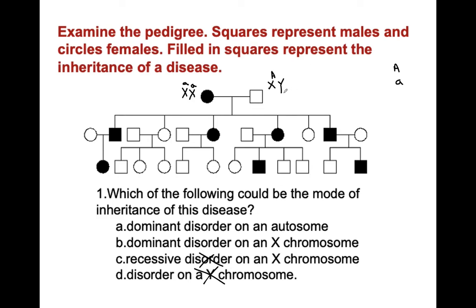So let's look at the next generation. So let's see if the disorder is dominant on the X chromosome. So then any individual that showed the disease must carry, so there are two possibilities for this female.